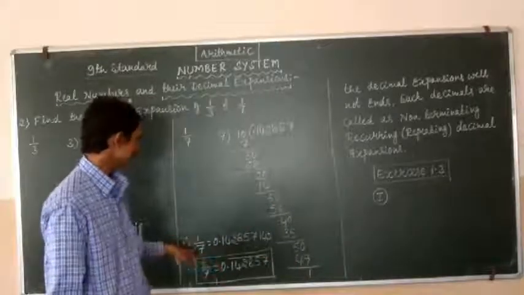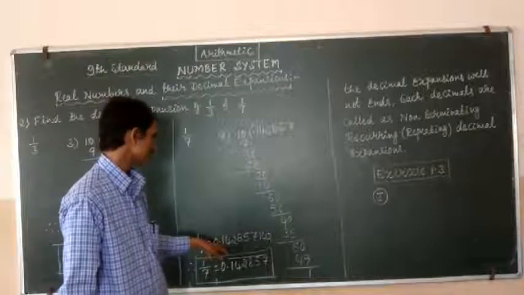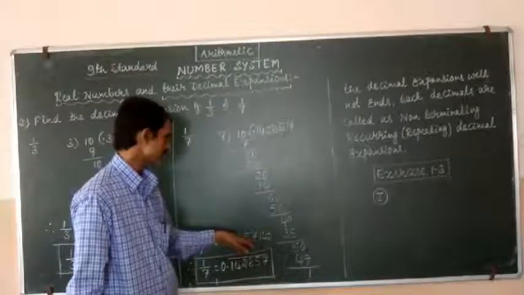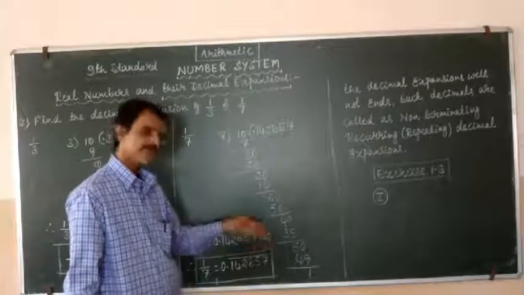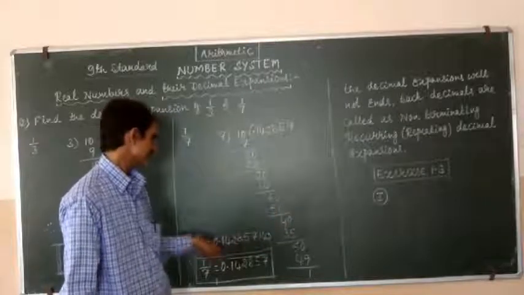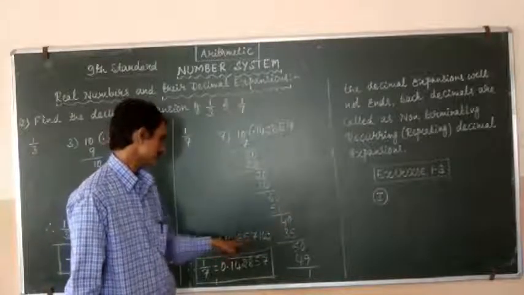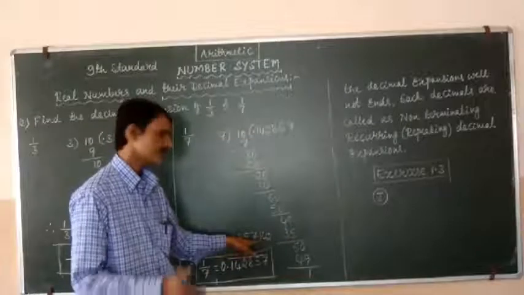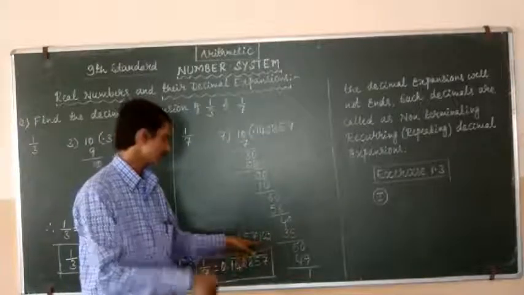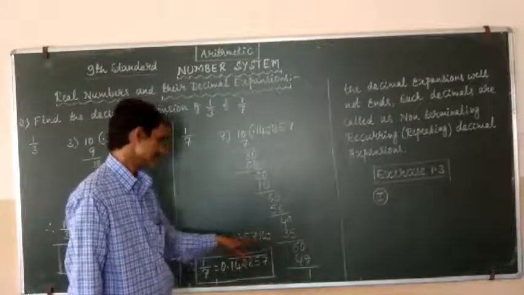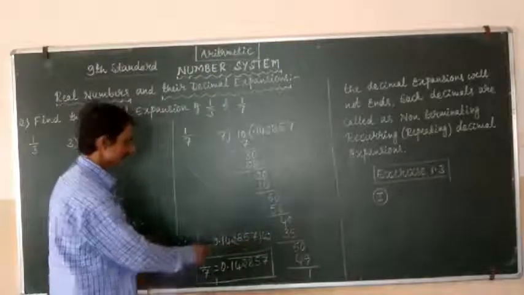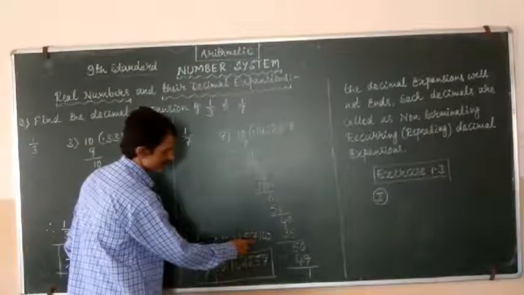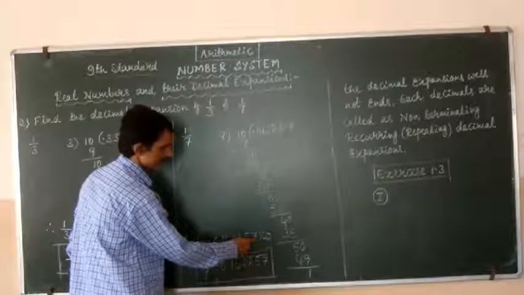So the value of 1 by 7 equals 0.142857142. Again, it will repeat. The same numbers will be repeated after a period of the division. So it will repeat after 7 digits following the decimal point.